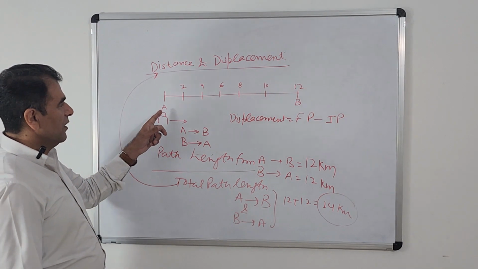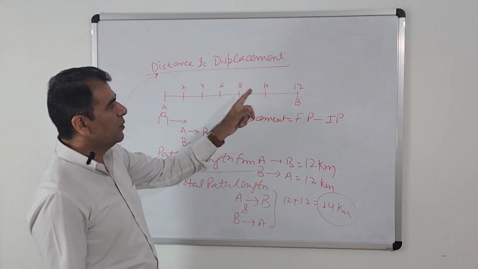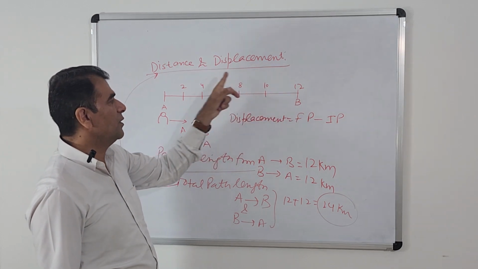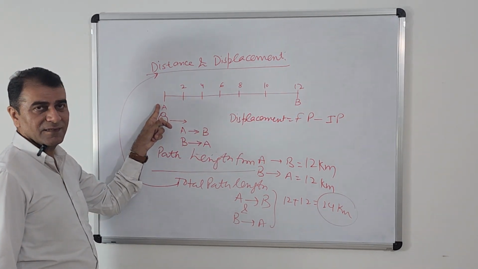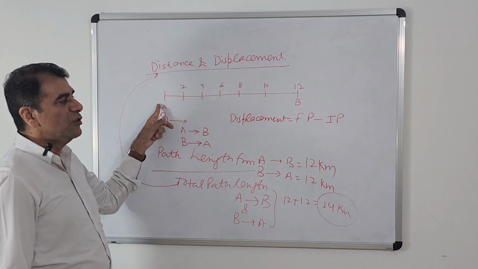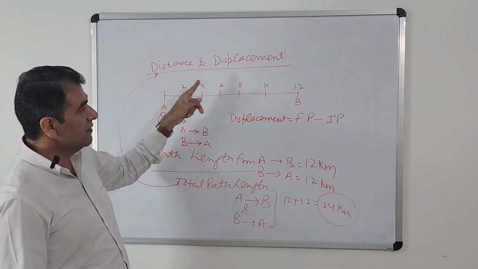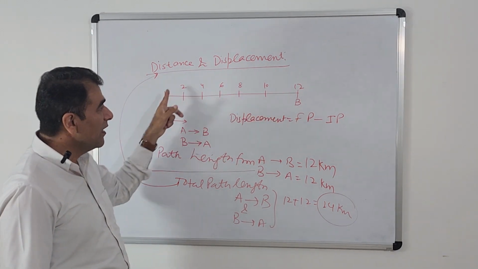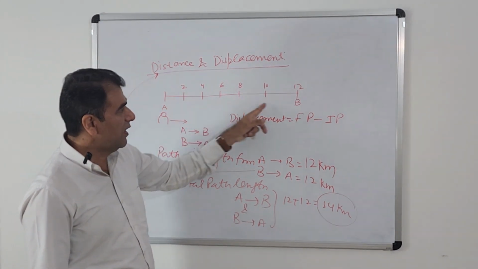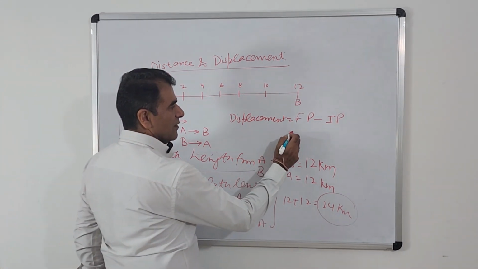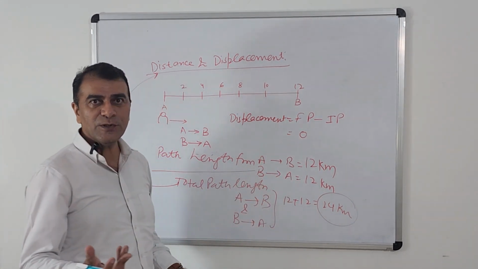Okay, tell me, when a person goes from A to B, okay, and then he comes from B to A, what is the initial position? A. What is the final position? A, because he has gone from A to B and then B to A. So what is displacement? 0 kilometer.